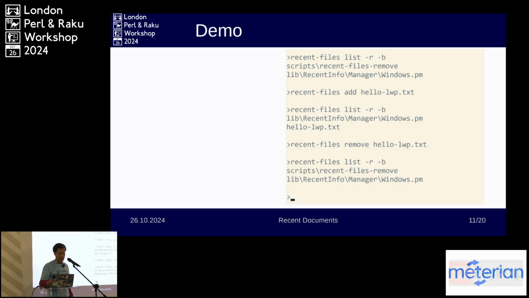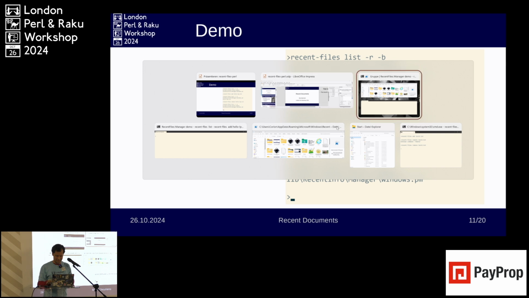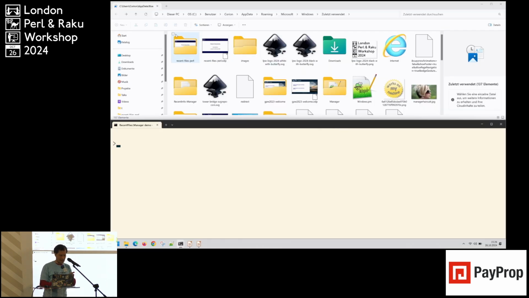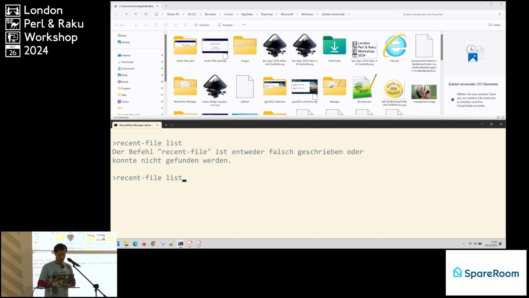And of course, I'm going to try a live demo. On the upside here, we have the folder of recent files in Windows, the Explorer. And we can also list the recent files.